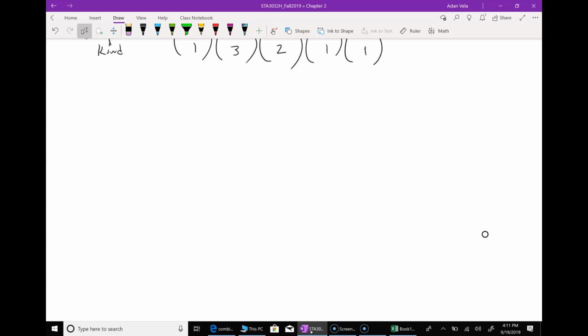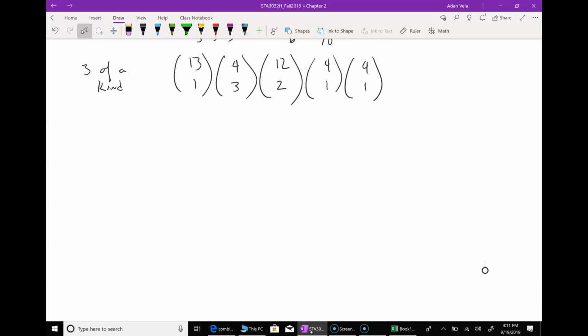So what I want to do is calculate a royal flush, which is actually really straightforward. And then we'll do the straight flush. So let's think about what a royal flush is.